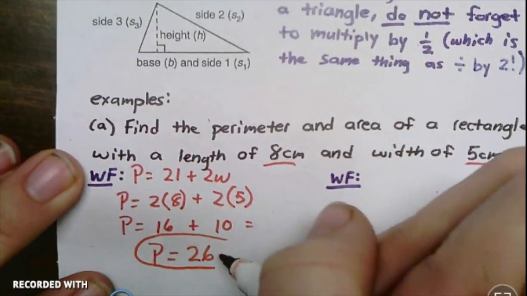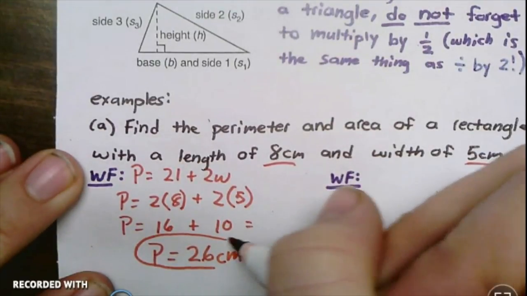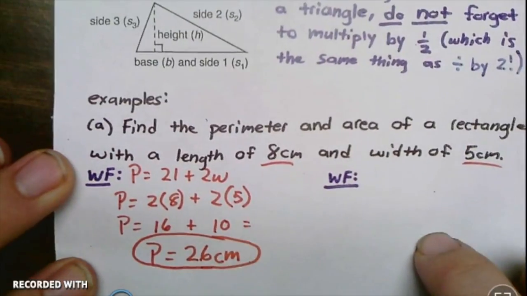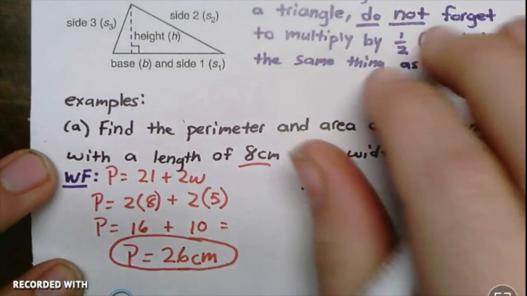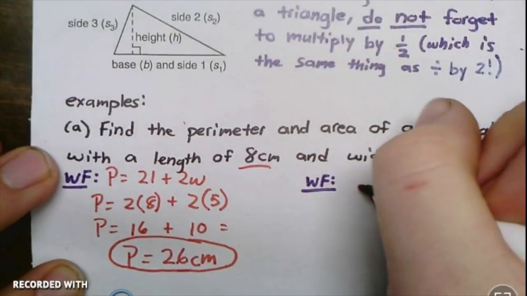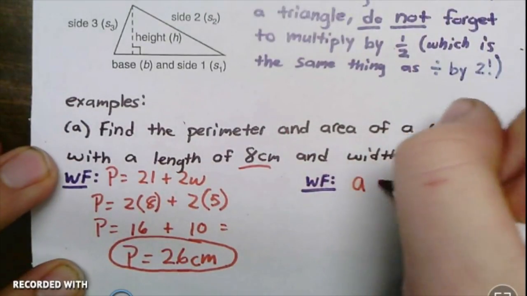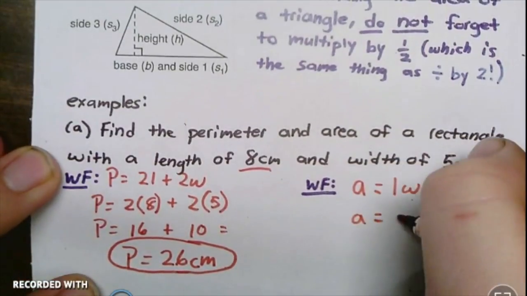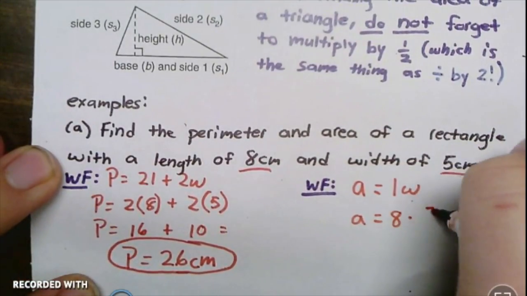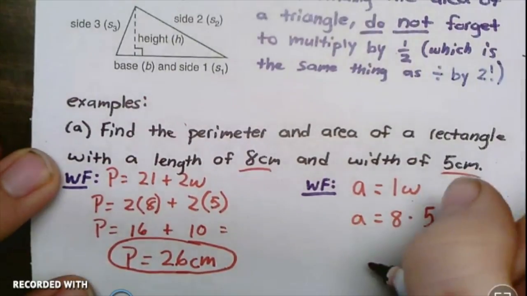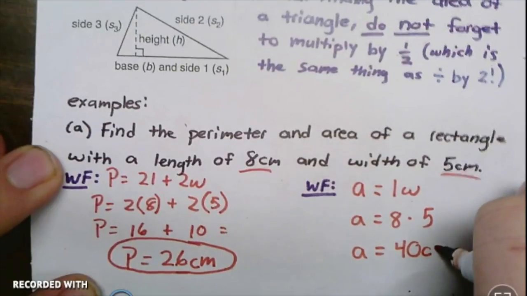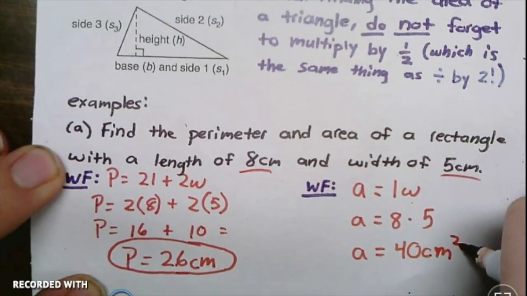And then my label will be centimeters. All right, let's try to find the area. I can check back up, and I've got area equals length times width. So that means that area equals 8 times 5, which means that area equals 40 centimeters squared.